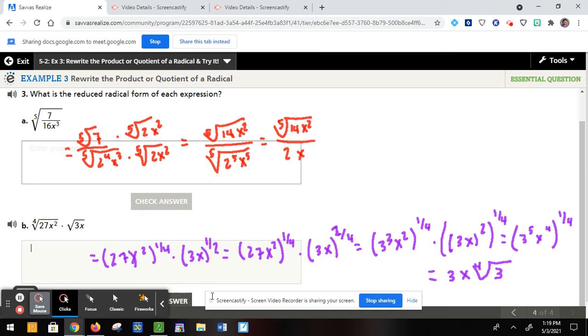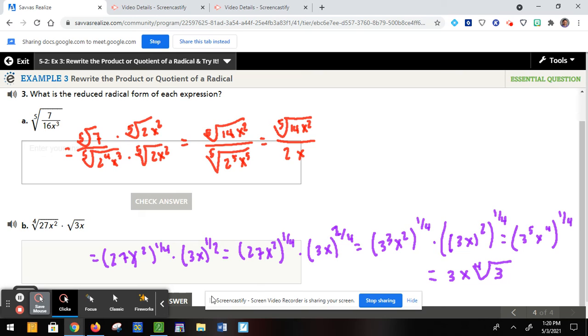That's all that happens from step 1 to step 2 here. In the third step, I rewrote 27 as 3 cubed, and that'll come in handy in a moment. And then I also did the power of powers property here. And instead of writing 3x to the power of 2/4, I did 3x squared raised to the power of 1/4.